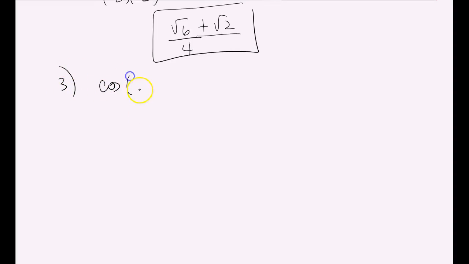Cosine of negative 105. Okay, so let's think about this for just a second. We need to create a negative 105, so we could either do two negative angles added together, or we could take a big angle and subtract something from it. Okay, what's that going to be? 60 and 45.